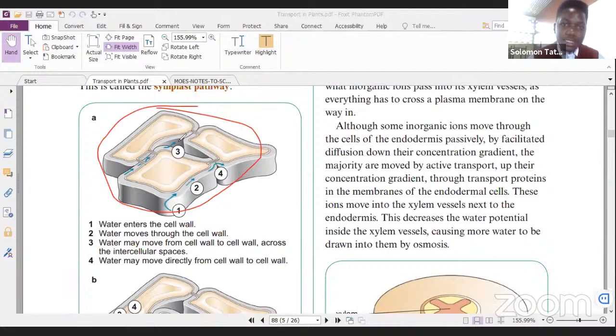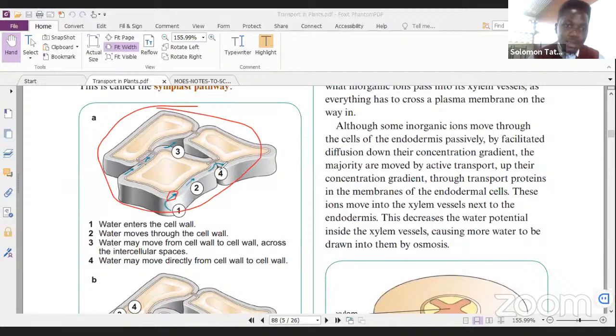All right, Faith says apoplast, Tony apoplast, Becky apoplast, Daphne apoplast. Yes, 100% correct. This is the apoplast. We can see that the blue arrows, okay, they are in the cell wall, right?